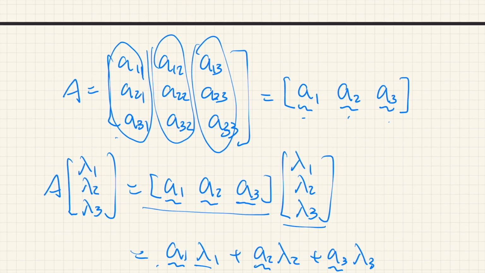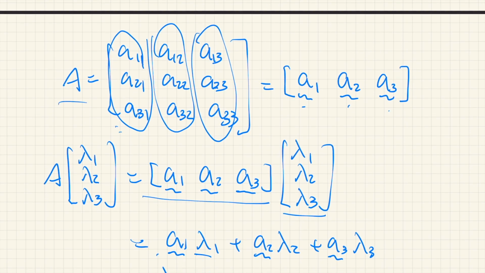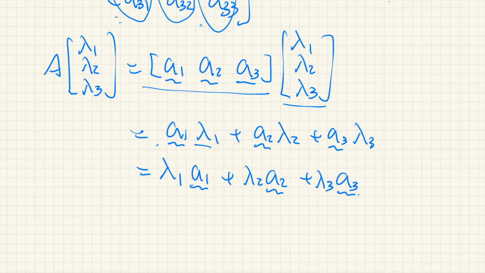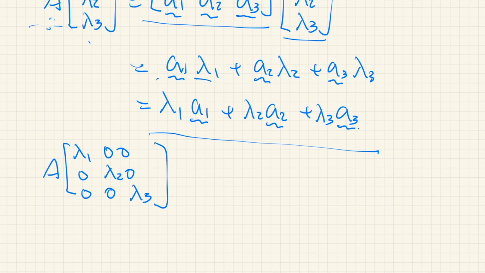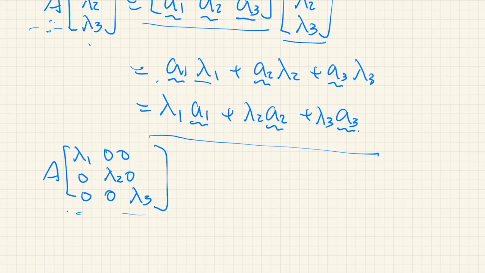So by partitioning a matrix into column vectors, we can write the product between the matrix times a column vector like this. In this case, the matrix should be multiplied from the left. And next, consider multiplying this matrix A with a diagonal matrix: lambda 1, 0, 0, 0, lambda 2, 0, 0, 0, lambda 3. So this second matrix is a diagonal matrix.